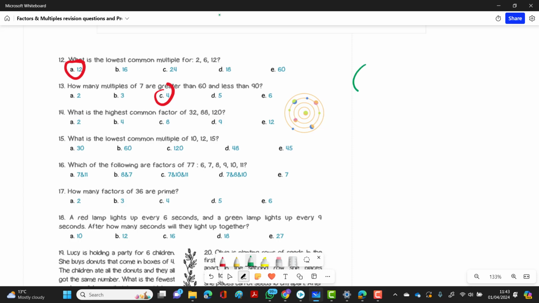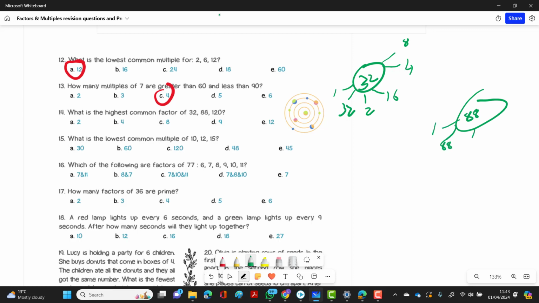So 32, and then the factors of 88: 8 and 11. Then 128.